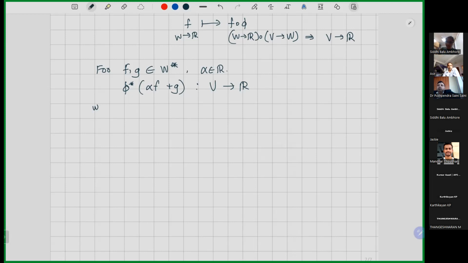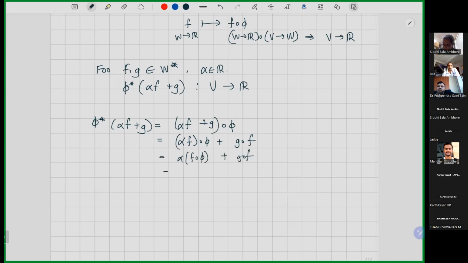When I apply phi star, it is mapped from V to R. So phi star of alpha F plus G is alpha F plus G composed with phi, and composition gives alpha times F composed with phi plus G composed with phi.